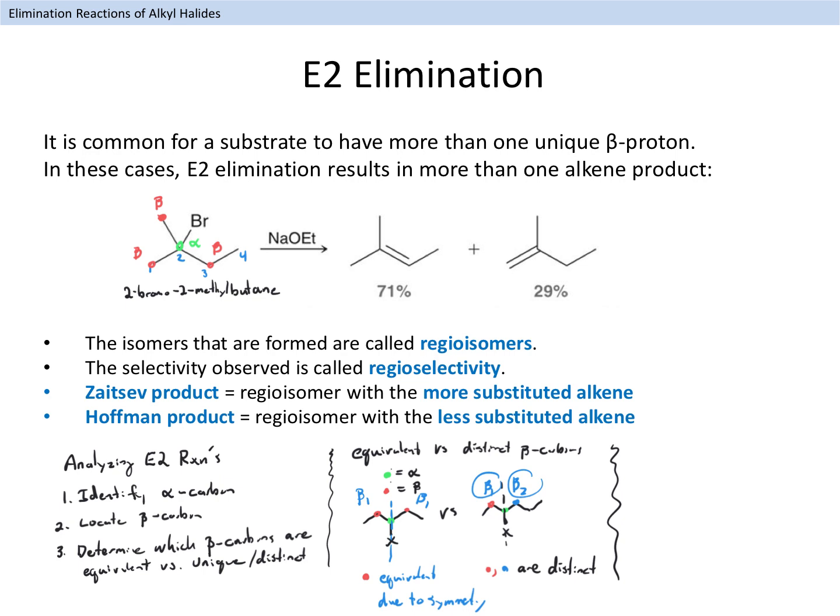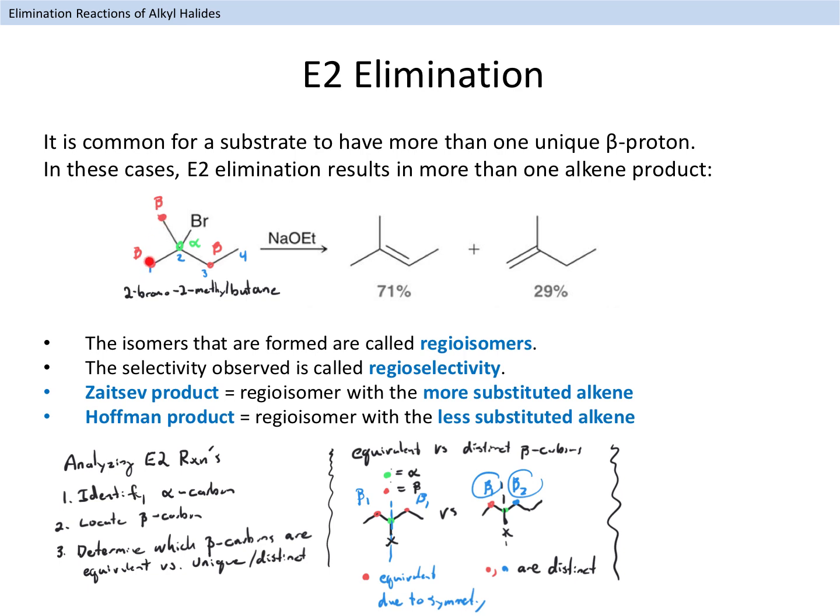Take 2-bromo-2-methylbutane. In this molecule, the alpha carbon is the carbon bonded to the bromine. The beta carbons are the carbons adjacent to this alpha carbon. We can label them all with the Greek symbol beta. Now we must determine which positions are equivalent, and which are unique. Notice that the two methyl groups are interchangeable.